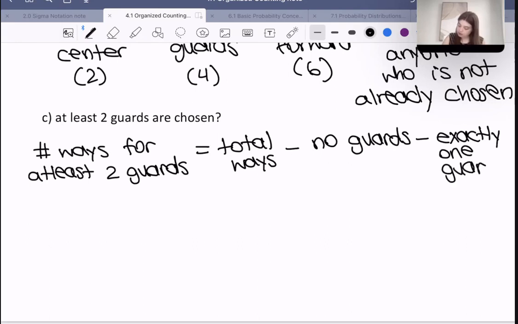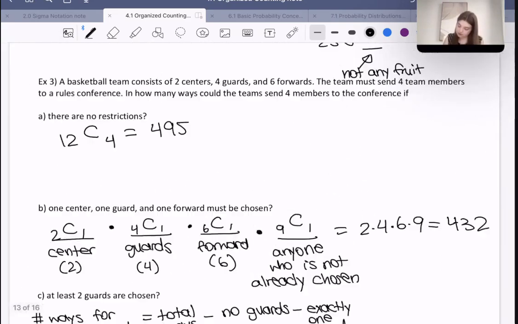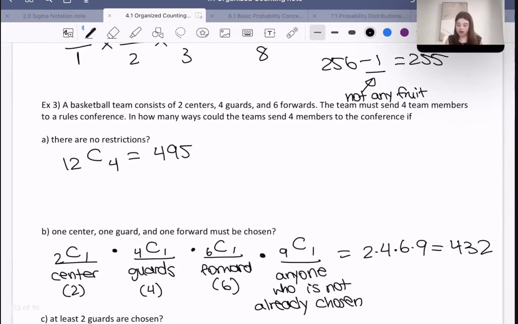Because we want to know all the ways in which we could do it for 2 guards or more. So if we subtract off the times when we have less than 2 guards, which are no guards and 1 guard, we can get there. So we already know the total number of ways is 495, because we already did that up here, right? 495, so we know that.